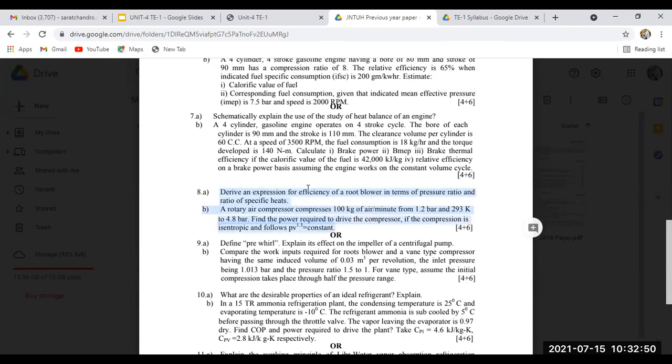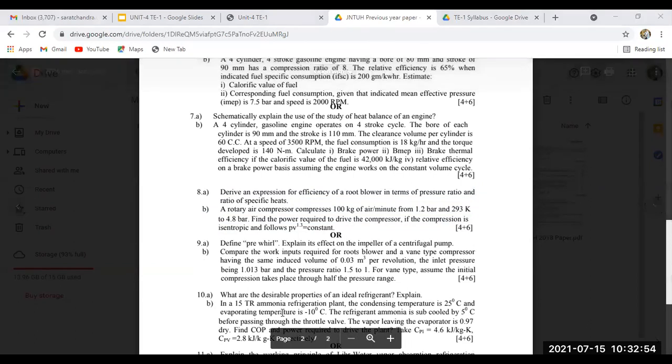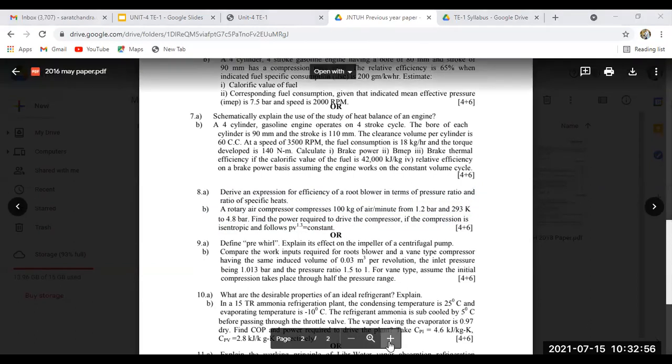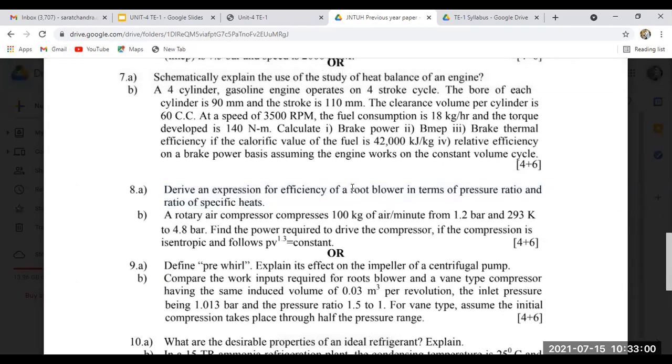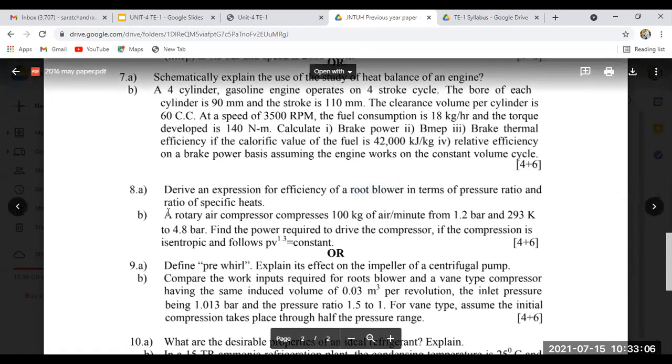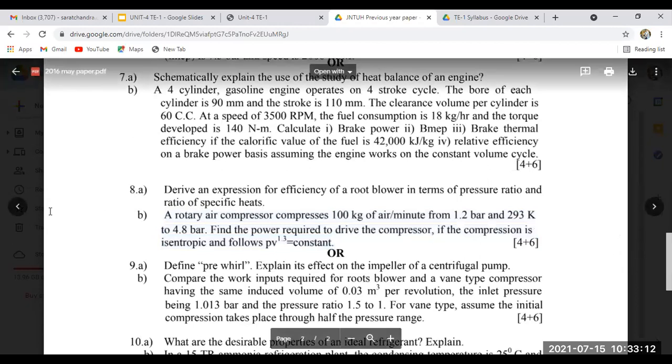Question number 8A was: derive an expression for efficiency of root blower compressor. That efficiency derivation I have shown you. And the second one, this problem, yesterday we already did this problem. This is also regarding root blower compressor.